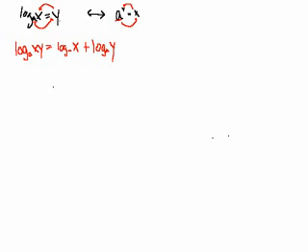The answer to the log is really the exponent, and when you multiply bases, you add the exponents. So that would be how to prove this. So far, is that okay? Great.